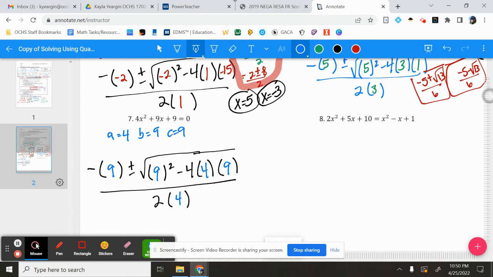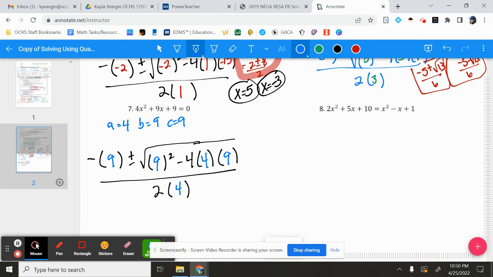And again, you would just type these things into your calculator. You need to know how to use the radical sign. That's second x squared, which you would get negative 9 plus or minus the square root of 81 minus 4 times 4 is 16. 16 times 9 is 144.